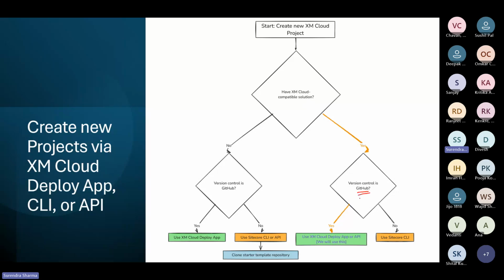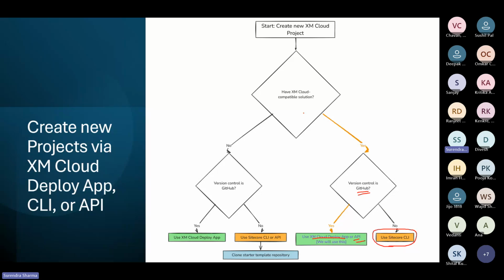Is it on GitHub or Azure, or something else? If it's available on GitHub or Azure, then you can directly use the XM Cloud Deploy app, or you can use the API as well. If it's not available on GitHub or Azure, then you cannot deploy it directly onto XM Cloud. Then you have to use the Sitecore CLI for deployment.